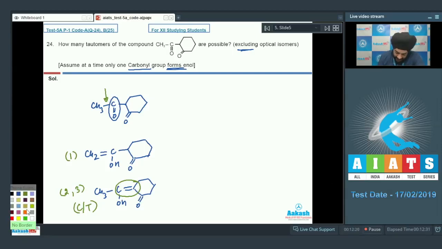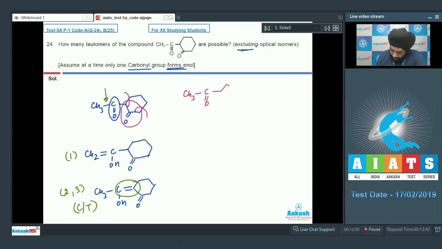Okay, we can now have cases where the double bond will be around this carbonyl group. So we can have one on the left and we can have one on the right. So let us discuss those cases. So we're going to have the formation of this enol, and we're going to have the formation of this enol as well.